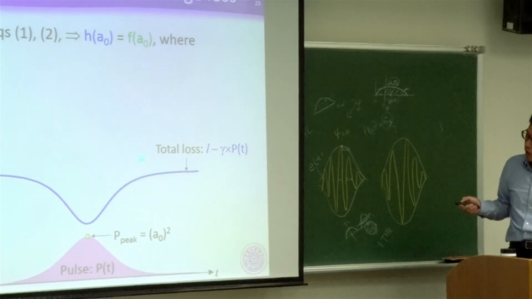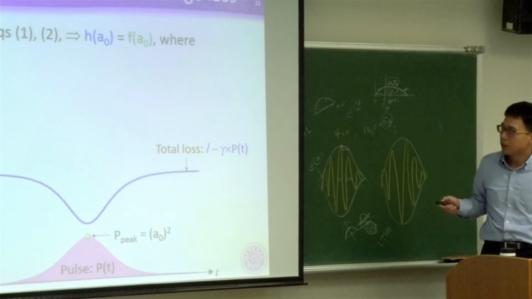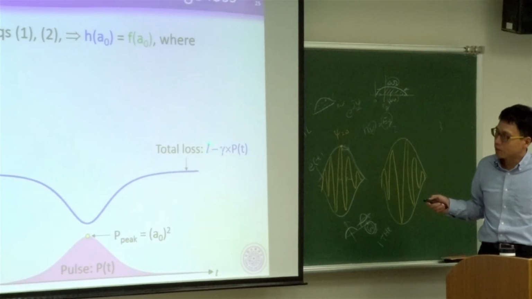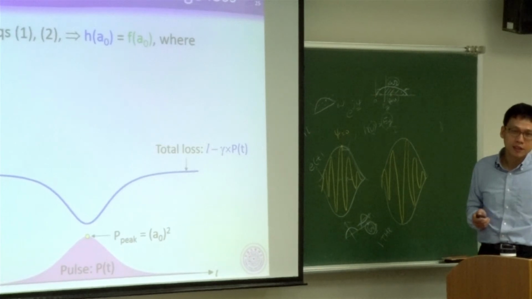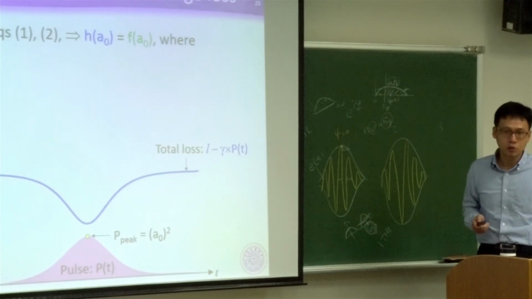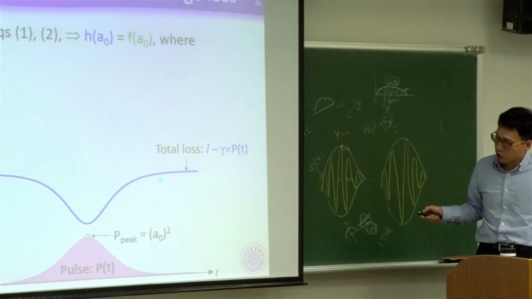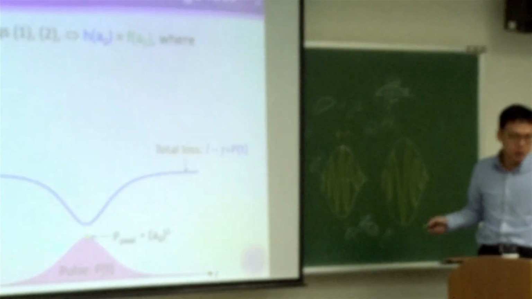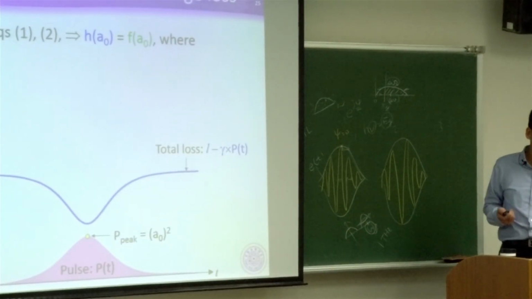And the blue curve is the total loss curve: big L, small l, which is LC plus L0, minus the self-amplitude modulation term, the gamma coefficient times the driving laser power, P of t. So this is the driving pulse, and the blue one is the total loss curve. It's a fast saturable absorber, so you can see the curve responds to the driving power immediately, as you have known.